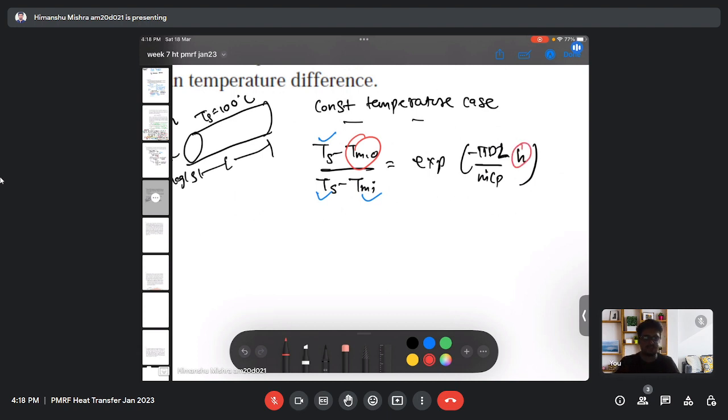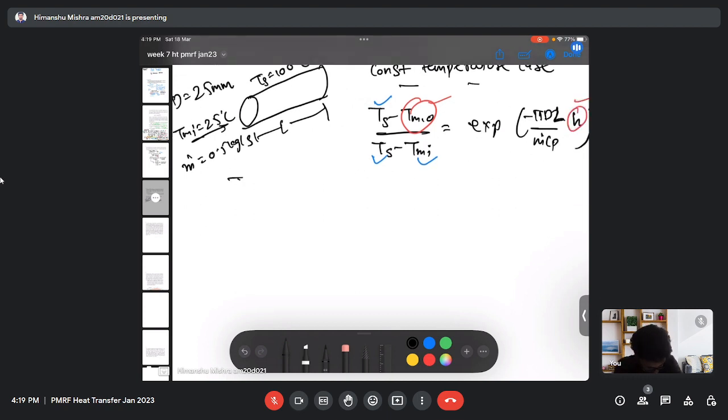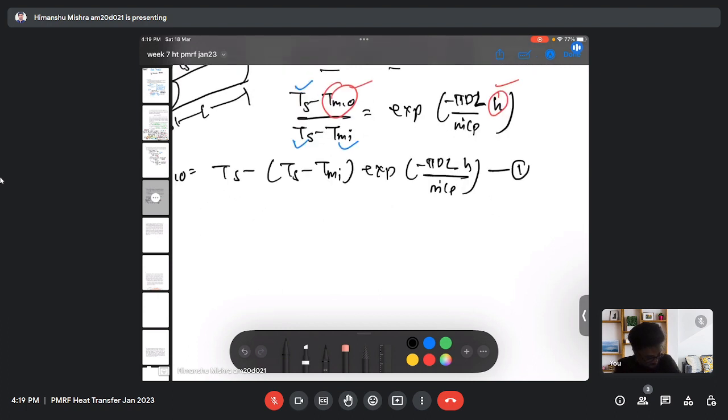We don't know the heat transfer coefficient also. So let's first find these two quantities. So my mean outlet temperature will be, let's say this is 1.